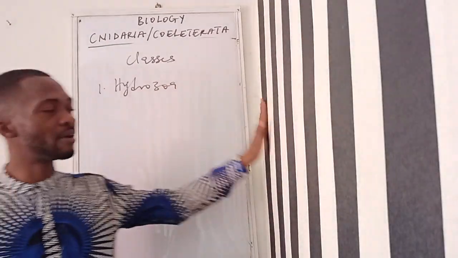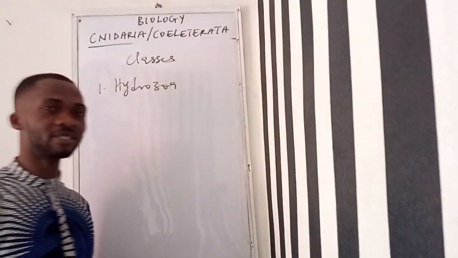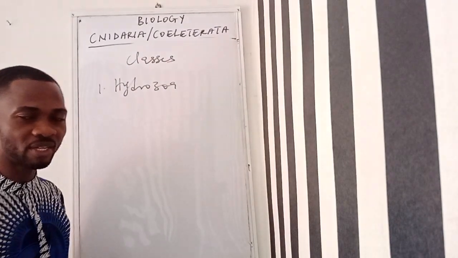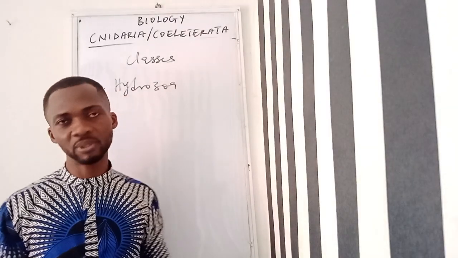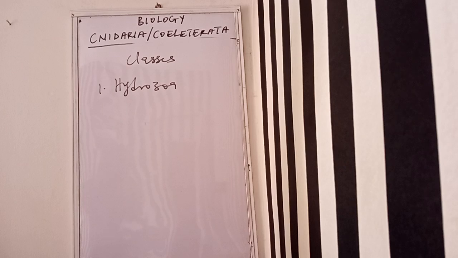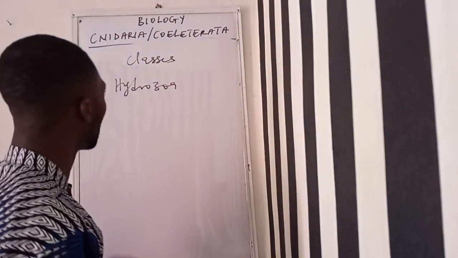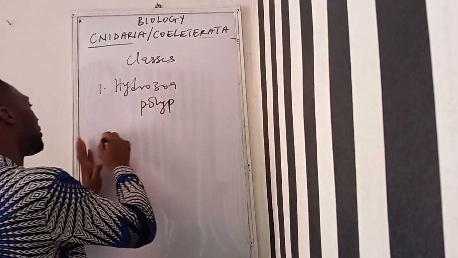But we have a member of this class called hydra, and hydra is known to live independently. The body form in members of this group is the polyp.